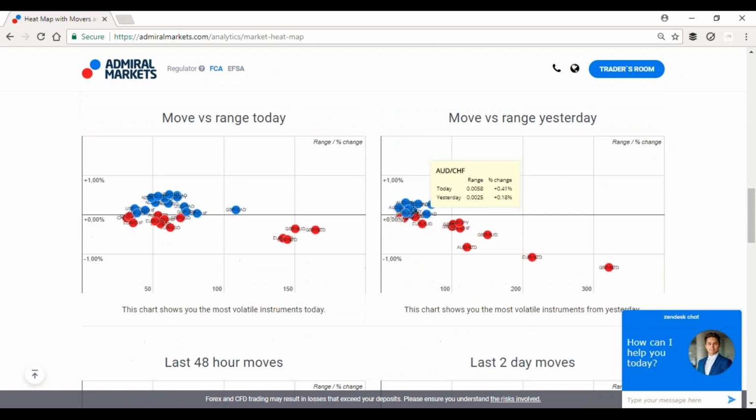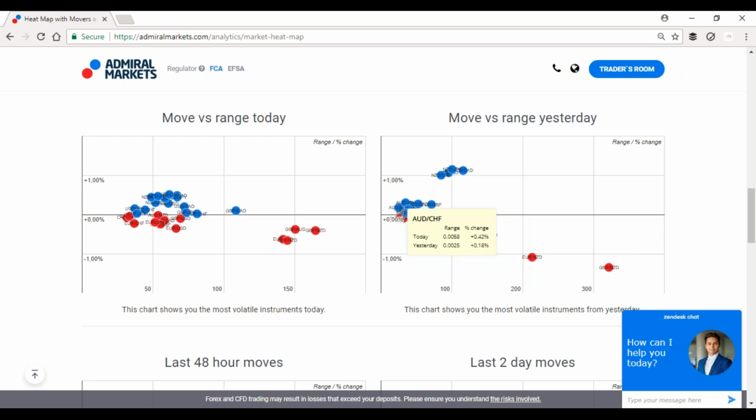Here we go. And also from the currencies, if you scroll a little bit further down, you will find the movement versus the range. To the right is the range, and up and down is the movement. You can see Pound New Zealand, Euro New Zealand, big movements, but also big range. So lots of price volatility and a downtrend.